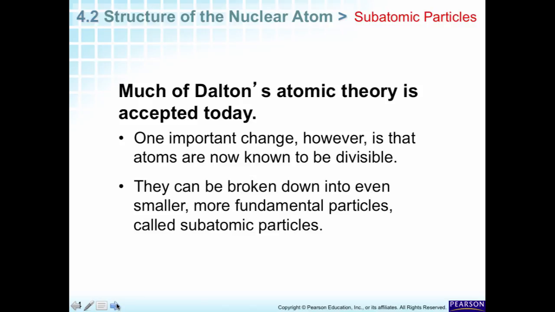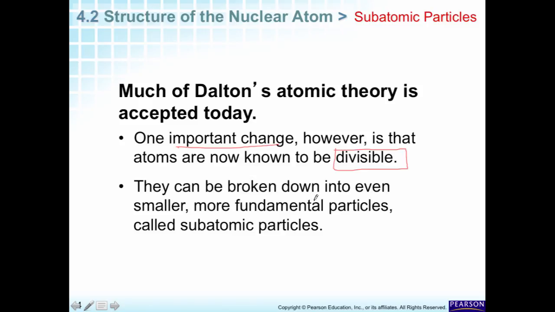Okay, so when we start talking about these subatomic particles, this gives us a problem with Dalton's atomic theory, because much of it is accepted, but there are some changes. Because now, look at this, remember the word indivisible?